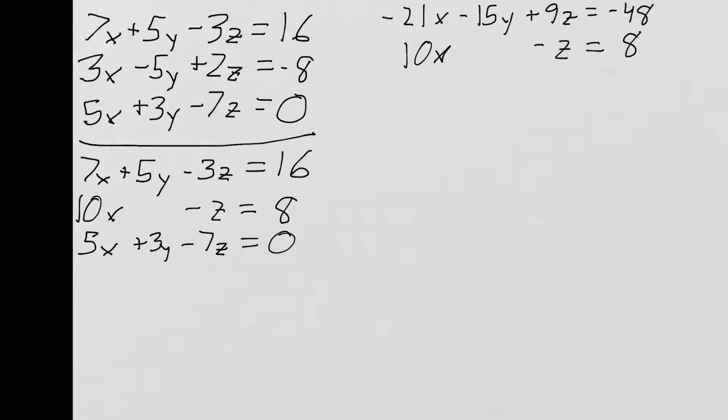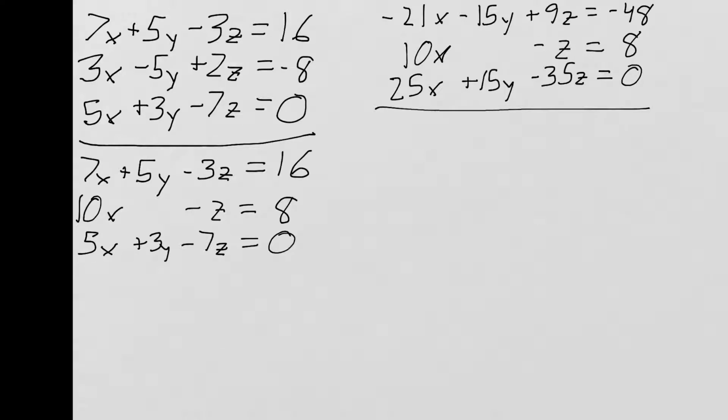And now, multiplying the third equation by 5, I get 25x plus 15y minus 35z is equal to 0. So now I'm going to add the first equation to the third equation, and I'll go ahead and keep the first equation there. So -21x minus 15y plus 9z equals -48.